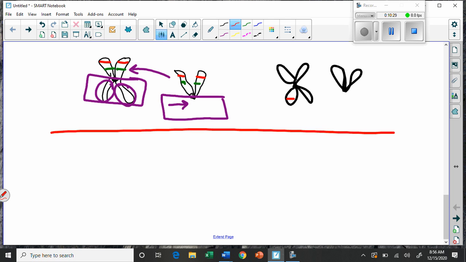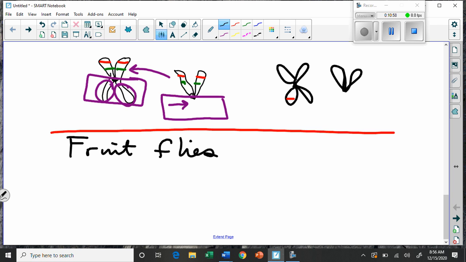So we've noticed, for instance, in fruit flies, we have red eyes and white eyes, along with male and female. Let's just look at fruit flies here. Fruit flies are nice to study because they also have an X and a Y chromosome, very similar to the way humans do.